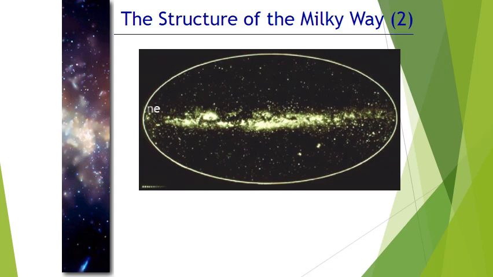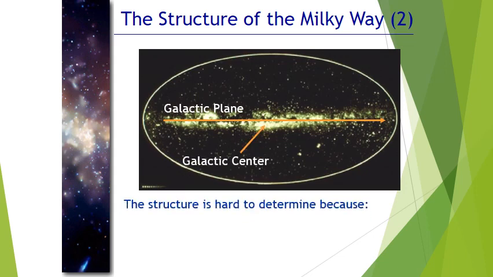Same issue with the Milky Way galaxy. We know less about the actual structure of our Milky Way galaxy than we do some other galaxies, because we are in the Milky Way galaxy. That's a little bit more difficult. We've never sent a probe out far enough to turn around and take a selfie of our galaxy. In fact, our farthest probe is just outside of our own solar system.